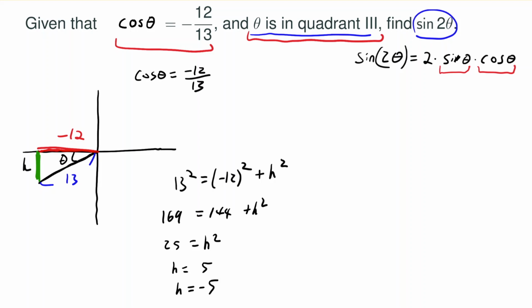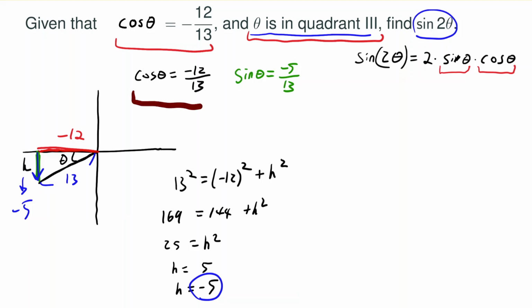So we have to see, looking at the location of the angle, which one it would be. Here it has to be negative because h is right here, right below the x-axis. So this must be negative 5, not positive 5. Okay. So now that we know the length, we can also find sine theta here, which is negative 5 over 13.